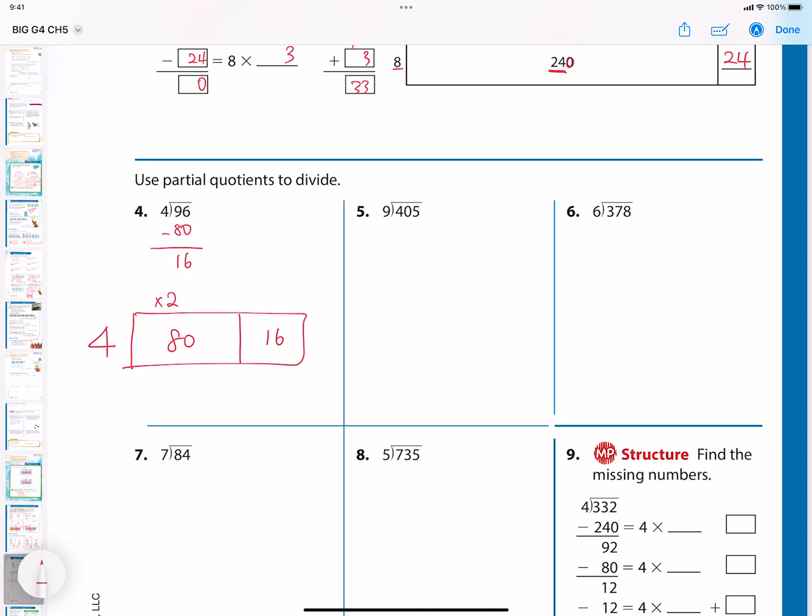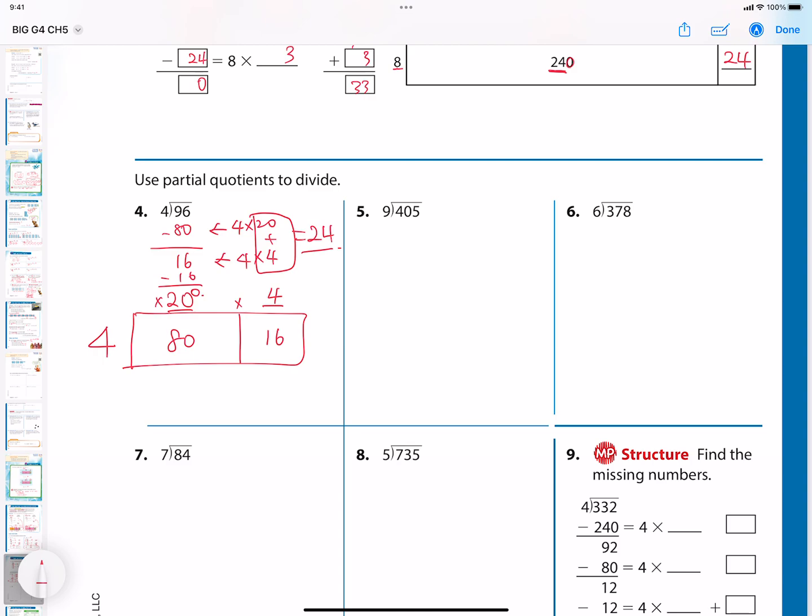Yes, 4 times 2 means 8, and then add one more 0. And then 4 times what number is going to make 16? Yes, 4. So look at this. This is 4 times 20, and this is 4 times 4 is 16. There's no remainder. So when you add this together, it's going to be 24.